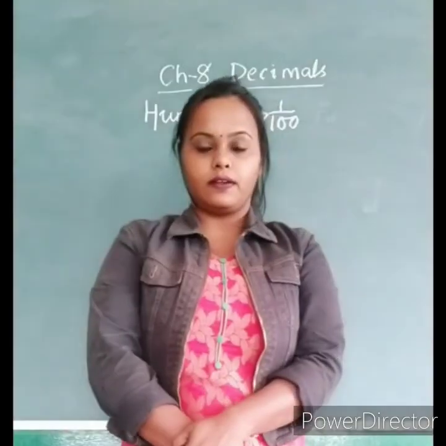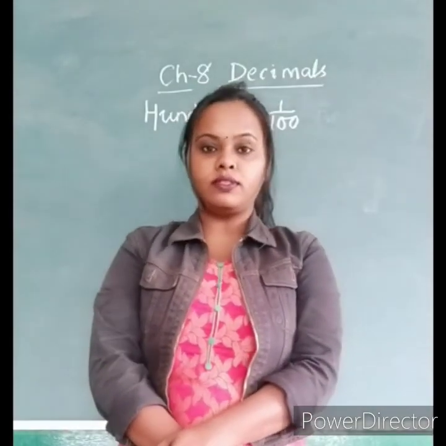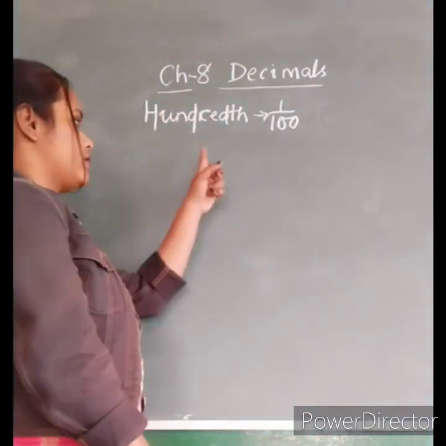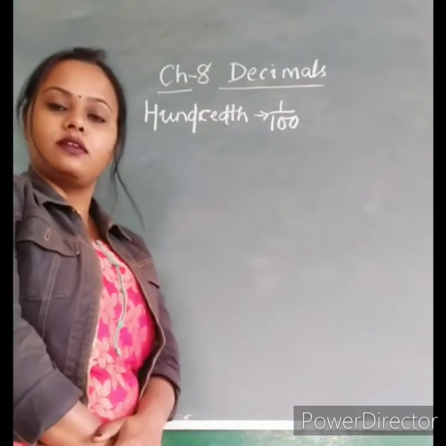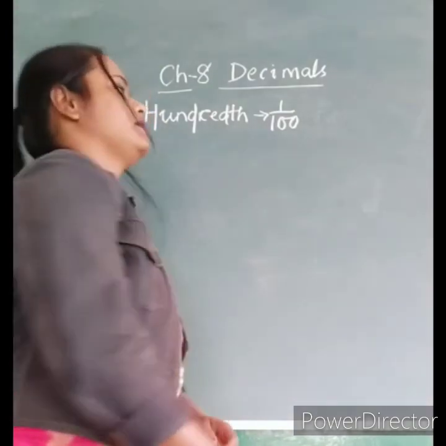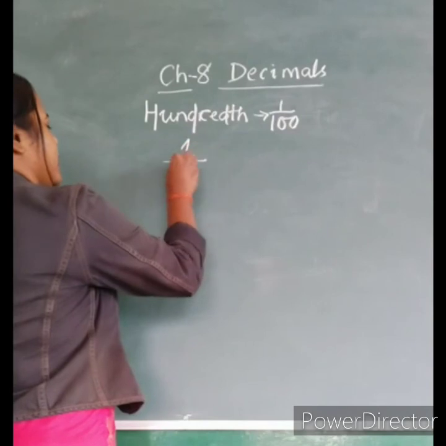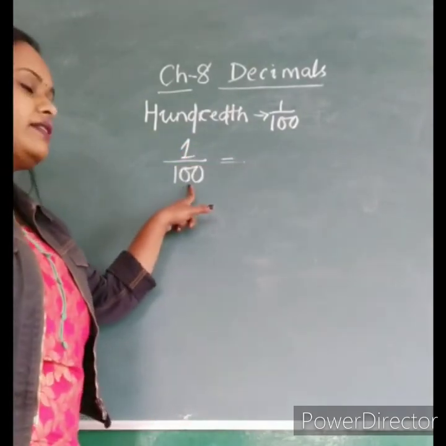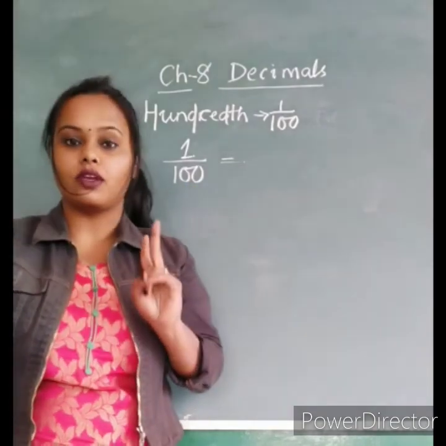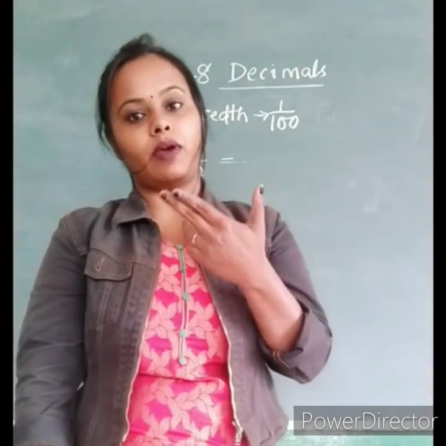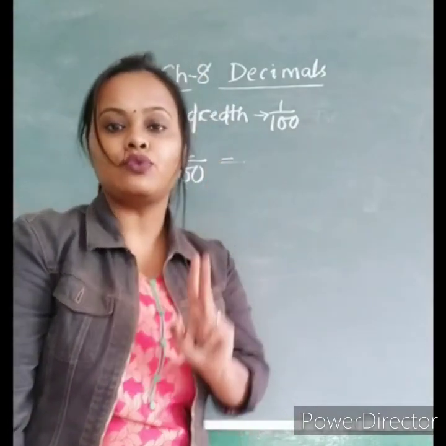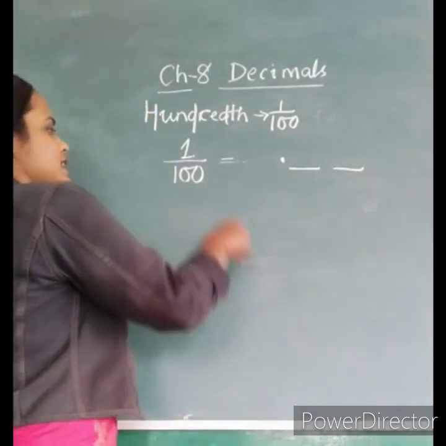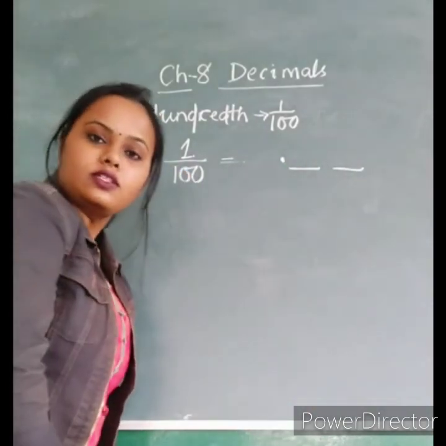Okay children, so now we will be learning about hundredth. It means 1 by 100. As you can see, I have already written here that hundredth is 1 by 100. So let us learn how to write this in decimal. 1 by 100. In the denominator we are having 100, and 100 has 2 zeros. It means that after the point there will be 2 digits, as we are having 2 zeros in the denominator.